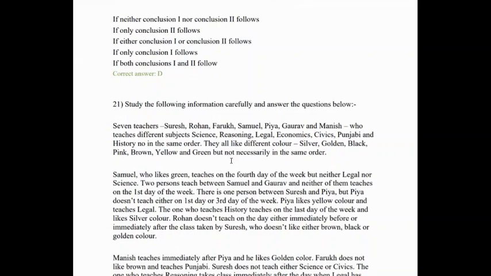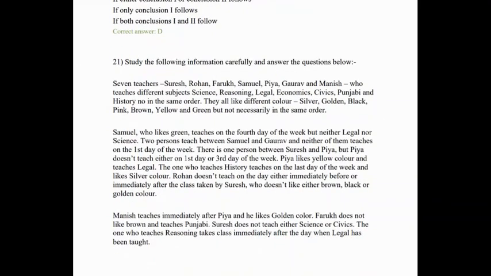Okay. Next question is again one more puzzle. So this is a bit difficult. Okay, let us see. They have given 7 teachers, with reference to different subjects and different colors. So there are 3 variables. Before, in the circle puzzle, we saw that there was only one variable, that is sitting in a circle.